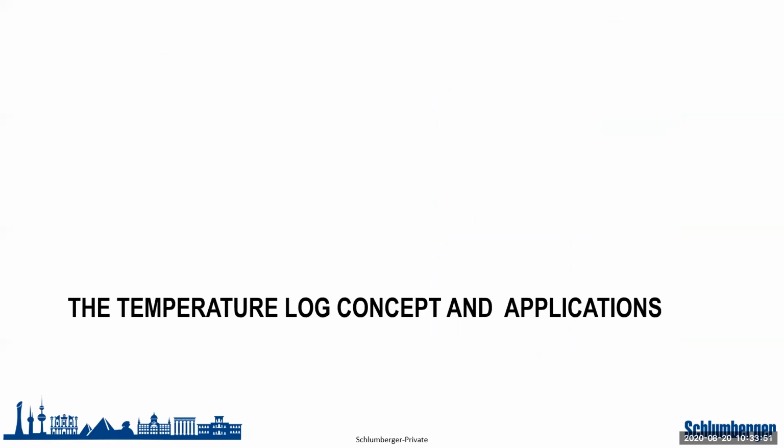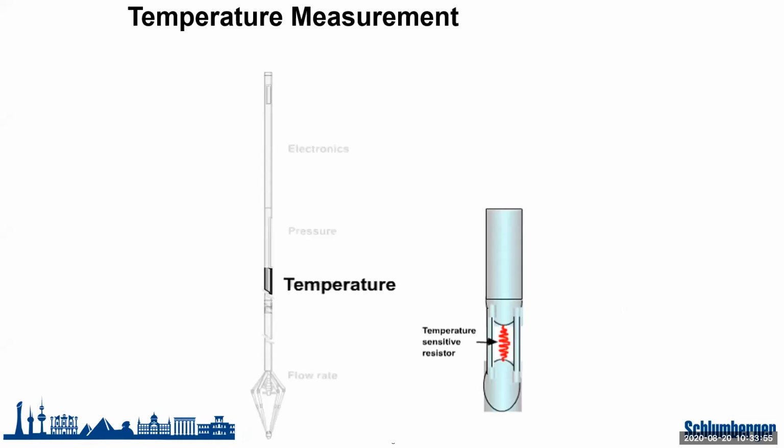Now, we are going to look into another very important sensor in production logging, which is the temperature. We have what we call an RTD, and this is basically a sensor that changes its resistance based on temperature.